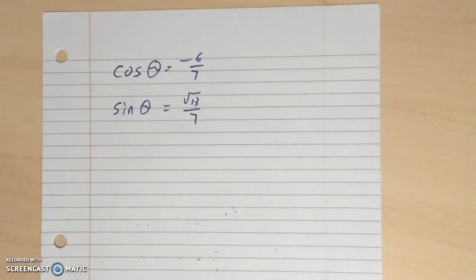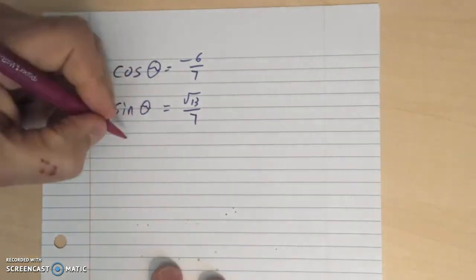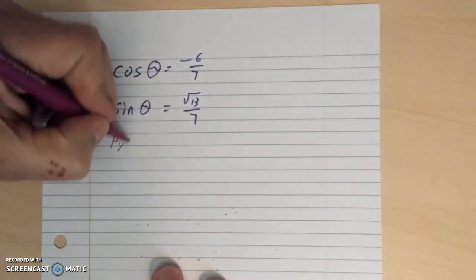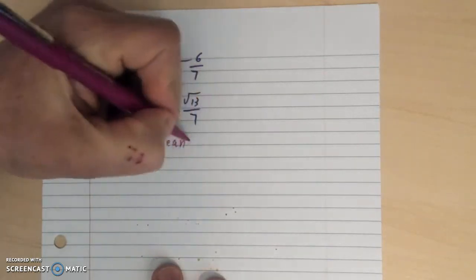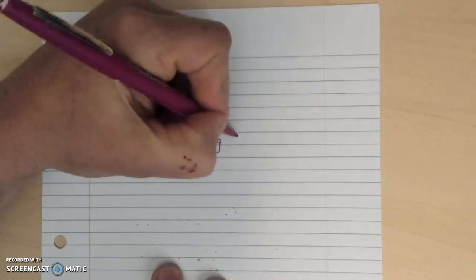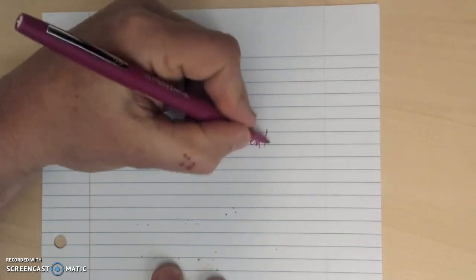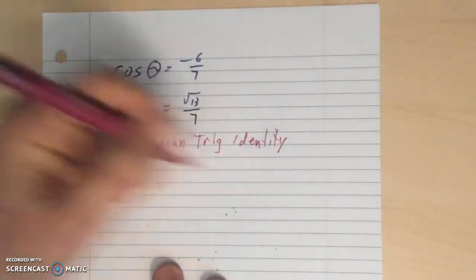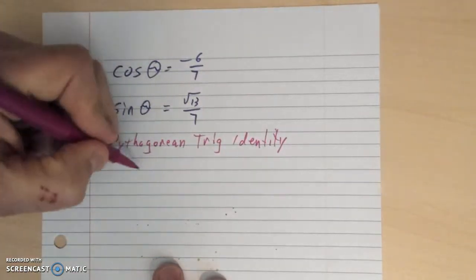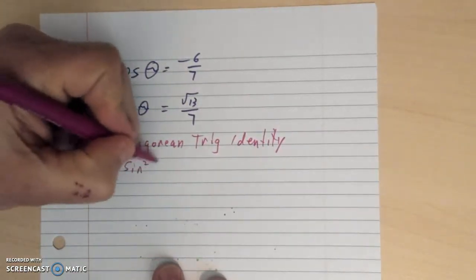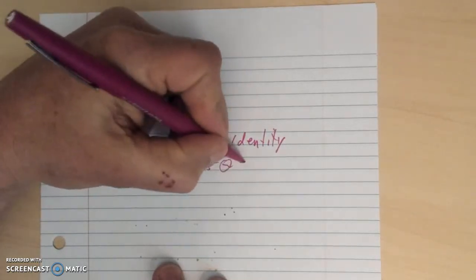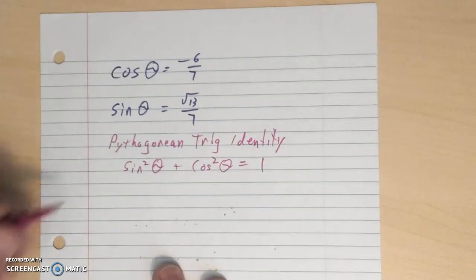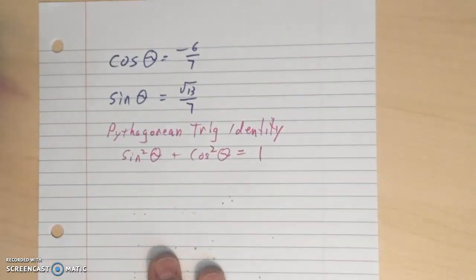And we said a minute ago that this is called the Pythagorean trig identity. I didn't call it that before. That's the name of it if you're big into names. Sine squared theta plus cosine squared theta equals 1. And we can make that look a few different ways, but that's what it is.